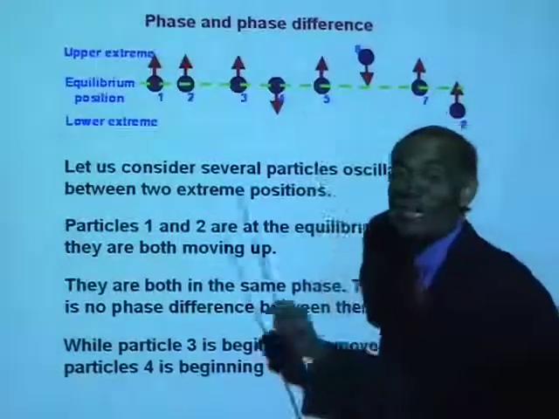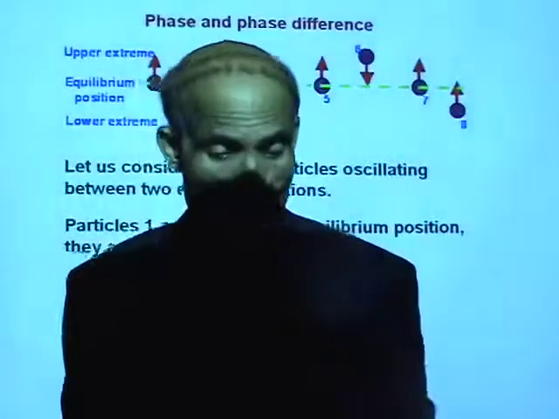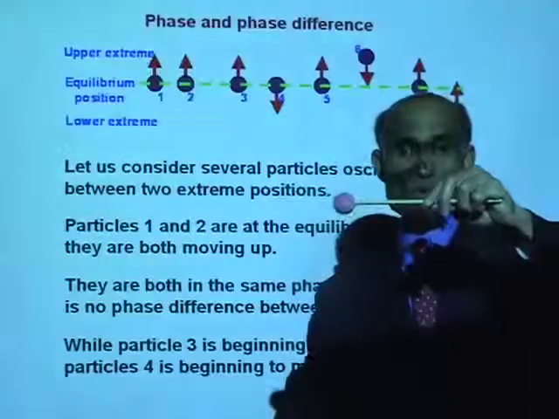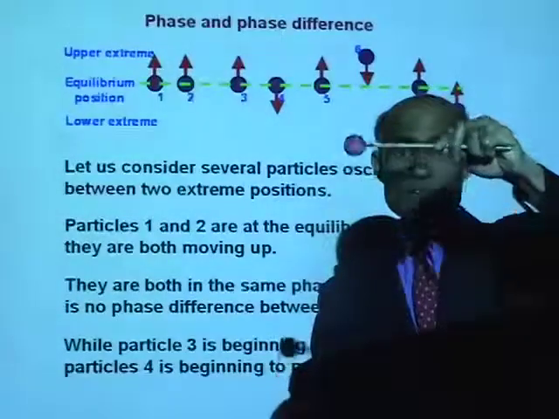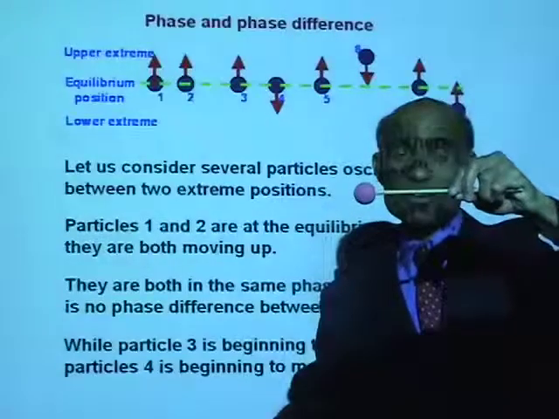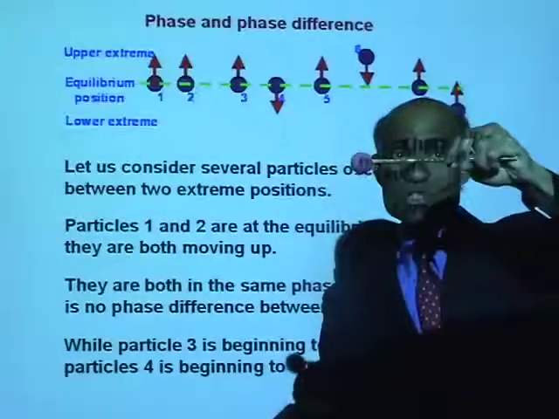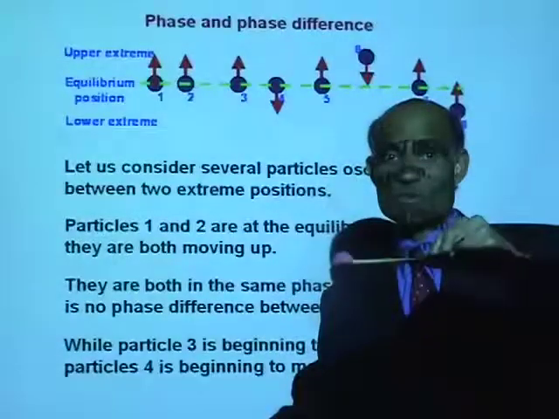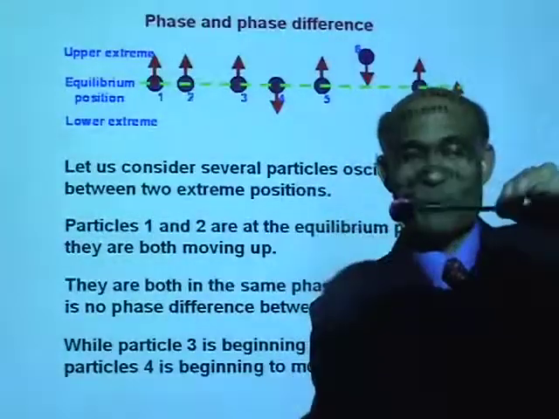It is now beginning to move down. Alright? I want you to understand that the phase of vibration is associated with the position. Look at this. Equilibrium position, upper extreme, equilibrium, lower extreme, back to the equilibrium.